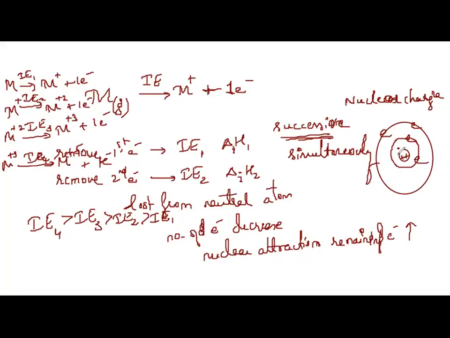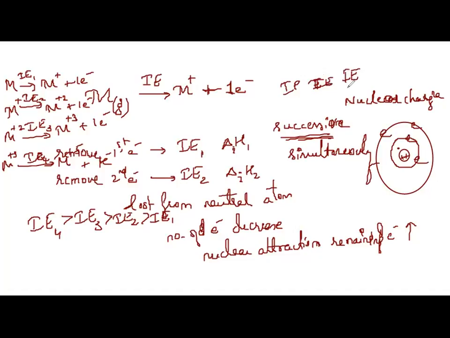To understand the details of the chemical behavior of an element, we must have an indication of the energy with which an atom binds its electrons. This is obtained by the measurement of ionization potential, IP, or ionization energy, or you can say ionization enthalpy.